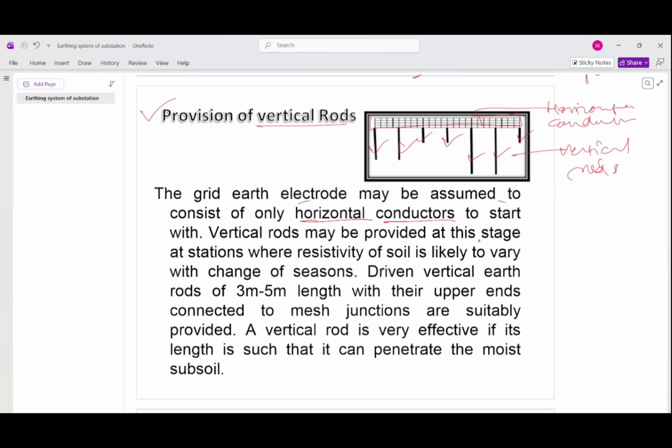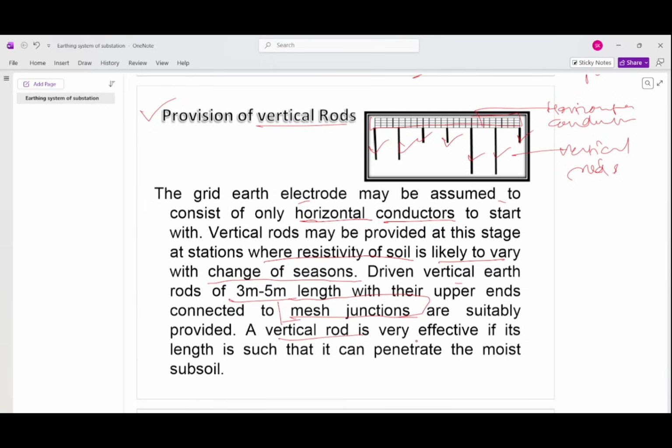Vertical rods may be provided at stations where resistivity of soil is likely to vary with the change of season. So driven vertical earth rods of 3 to 5 meters length, with their upper ends connected to the mesh junction, are suitably provided.